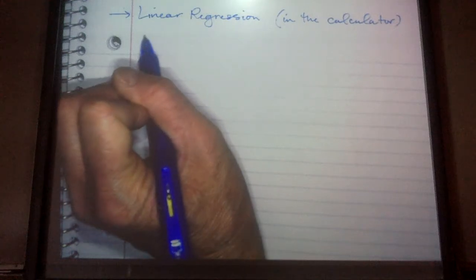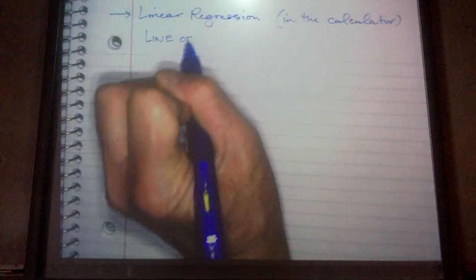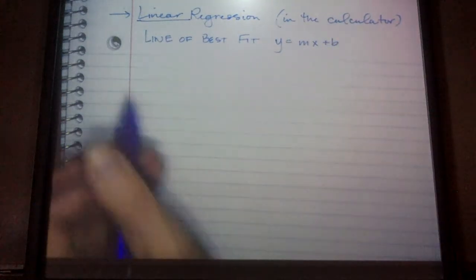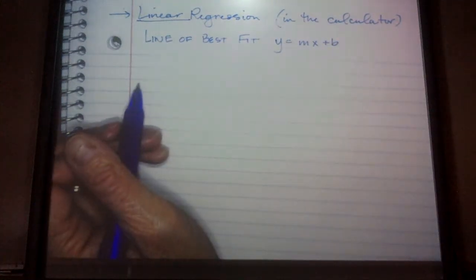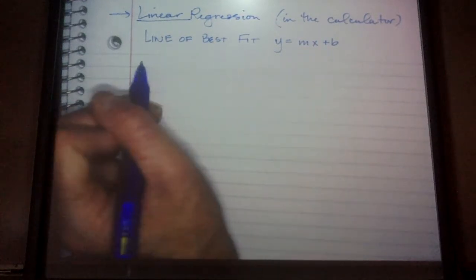So when we do linear regression, we're looking for a line of best fit. And it's going to be linear, so because it's linear, the form is y equals mx plus b.